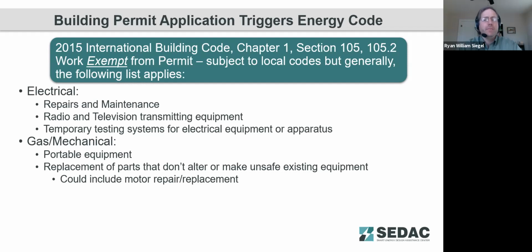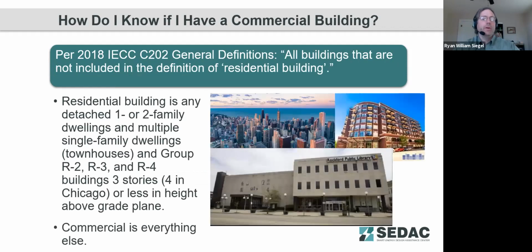And while these are listed in the International Building Code, since we are talking about commercial buildings, do check with your local jurisdiction, because they may have other things that are either exempt from the permit or items that may be on the International Building Code list that your local jurisdiction may still require a building permit for. So do check with that.